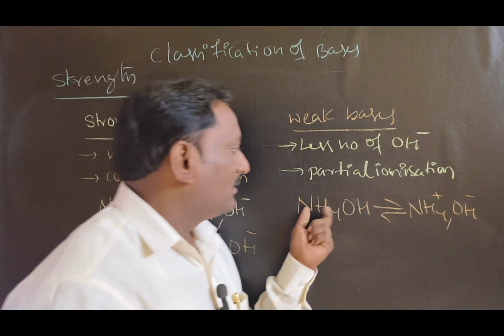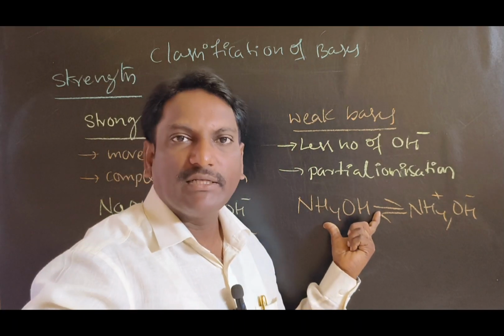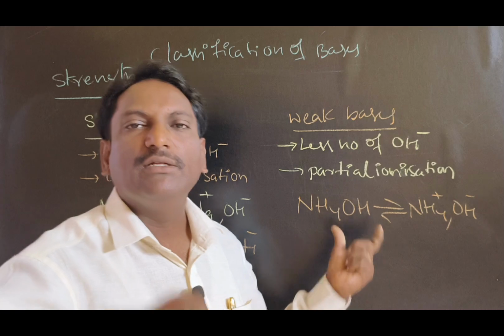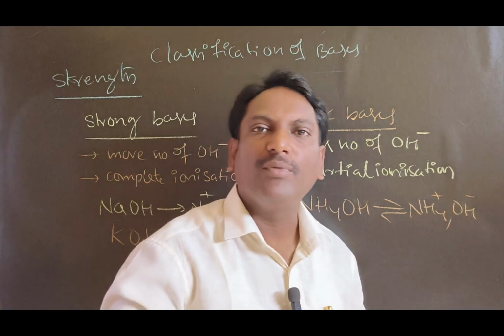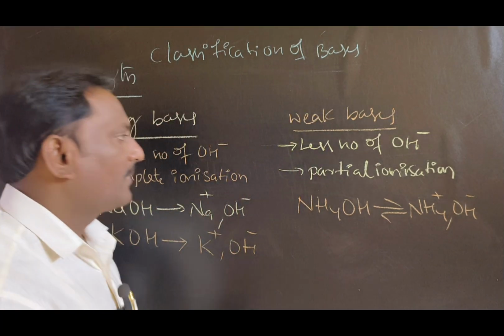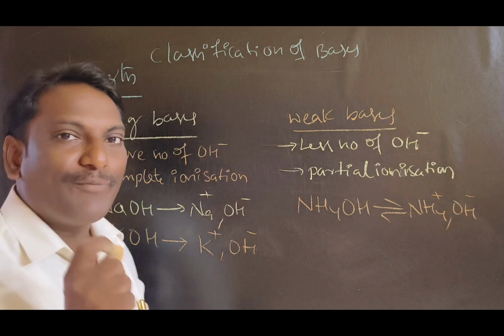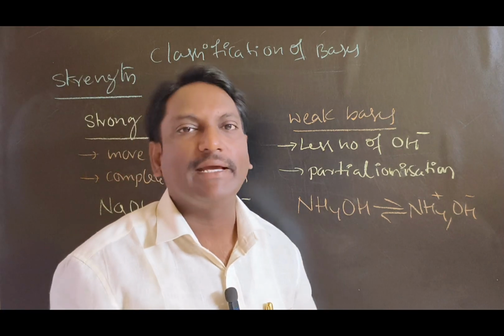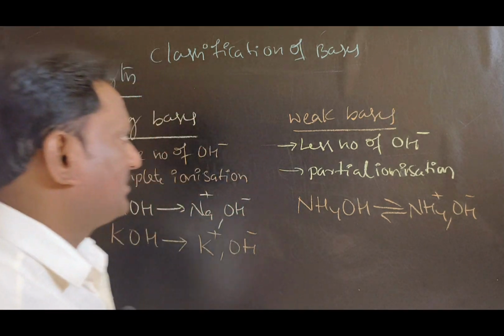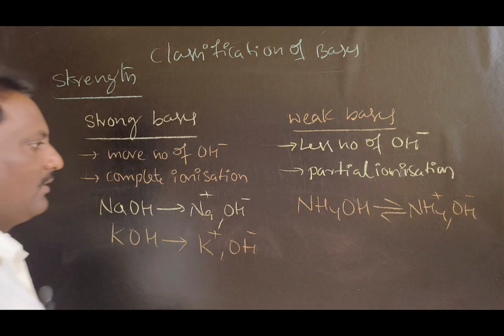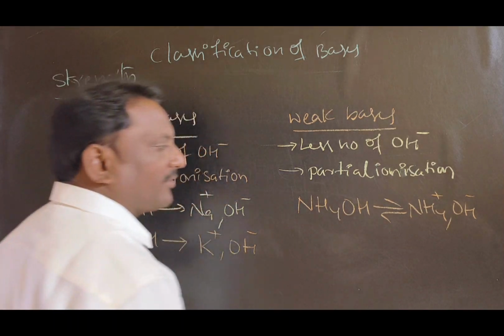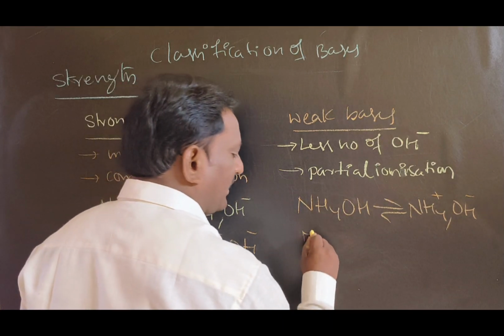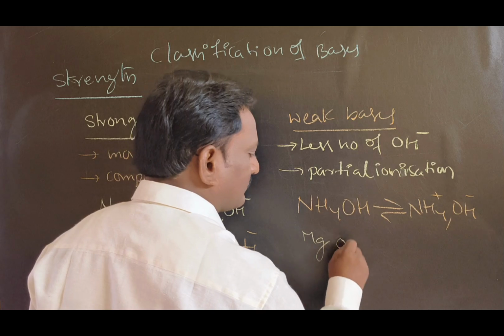So that's why it is considered a reversible reaction. Due to reversible reaction, there is no availability of more number of OH minus ions. So this is called partial ionization, not complete ionization. Example, ammonium hydroxide. Next, magnesium hydroxide.